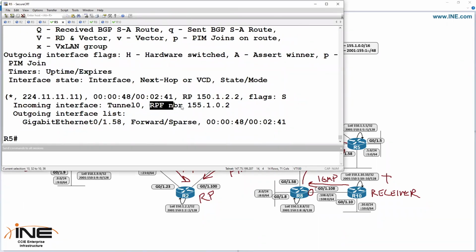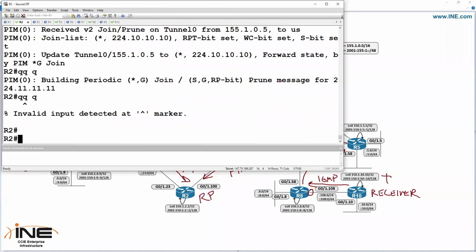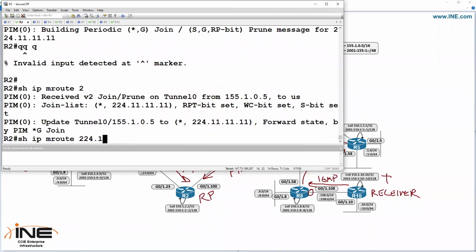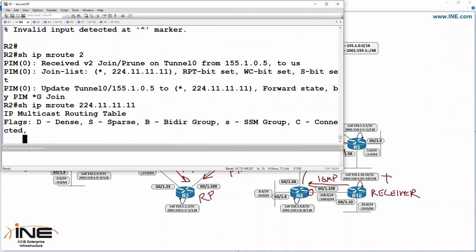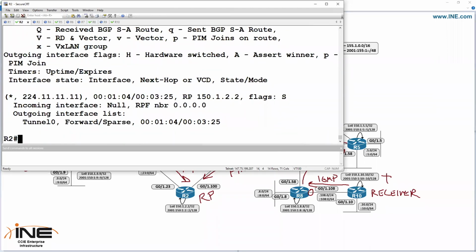Next, it says the reverse path neighbor is router 2. Okay, so we're going to router 2. Show IP mroute 224.11.11.11. And it says the reverse path neighbor is 0 because myself is the rendezvous point.